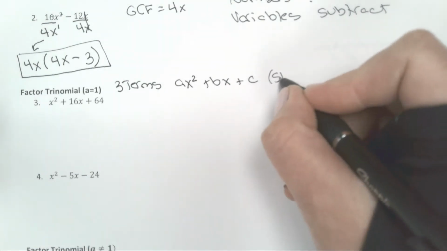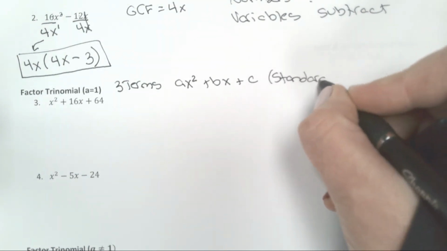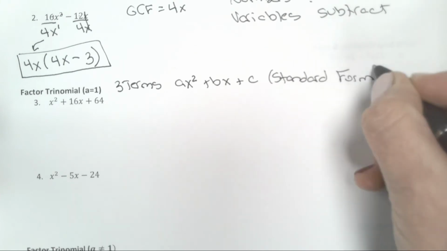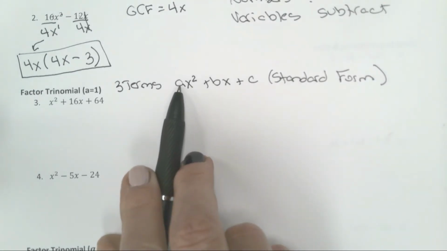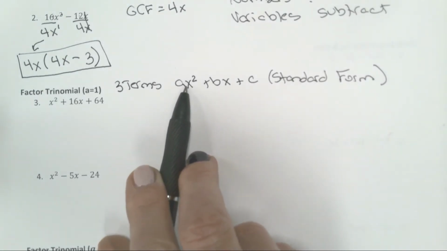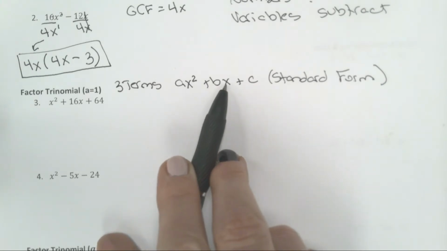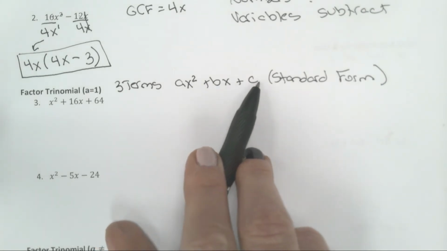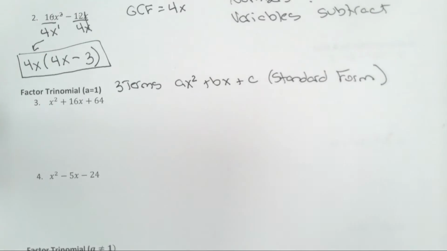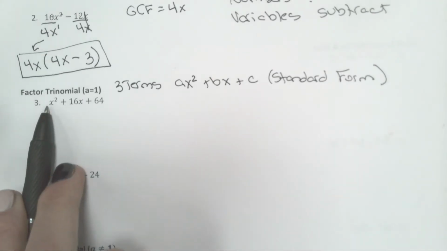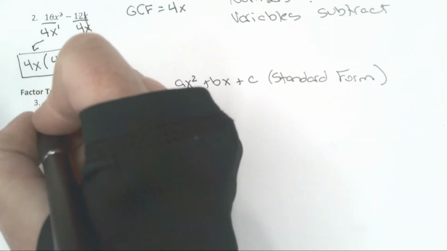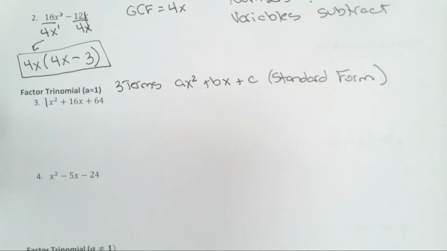This is called standard form. So a is always x squared's coefficient, b is always x's coefficient, and c is your constant term. If there's no number in front of one of your terms, that means it's just 1.